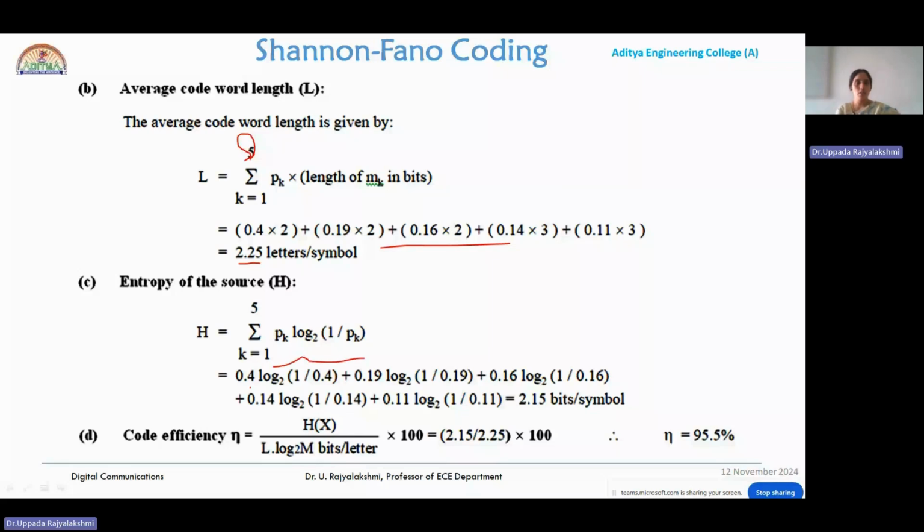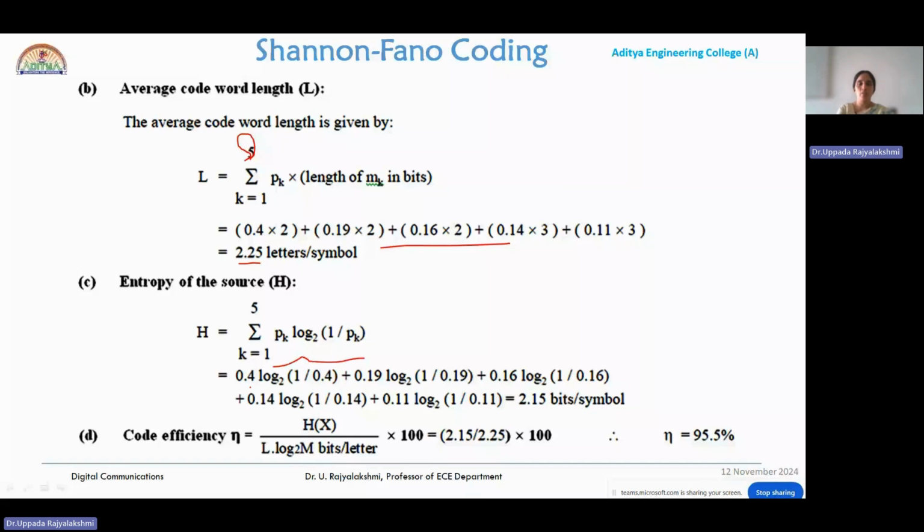So 0.4 log 1 by 0.4 base 2 plus 0.19 log 1 by 0.19 base 2 plus 0.16 log 1 by 0.16 base 2, and so on. The fifth symbol probability is 0.11 log 1 by 0.11 base 2. If you evaluate this whole thing, we obtain the entropy value as 2.15 bits per symbol.